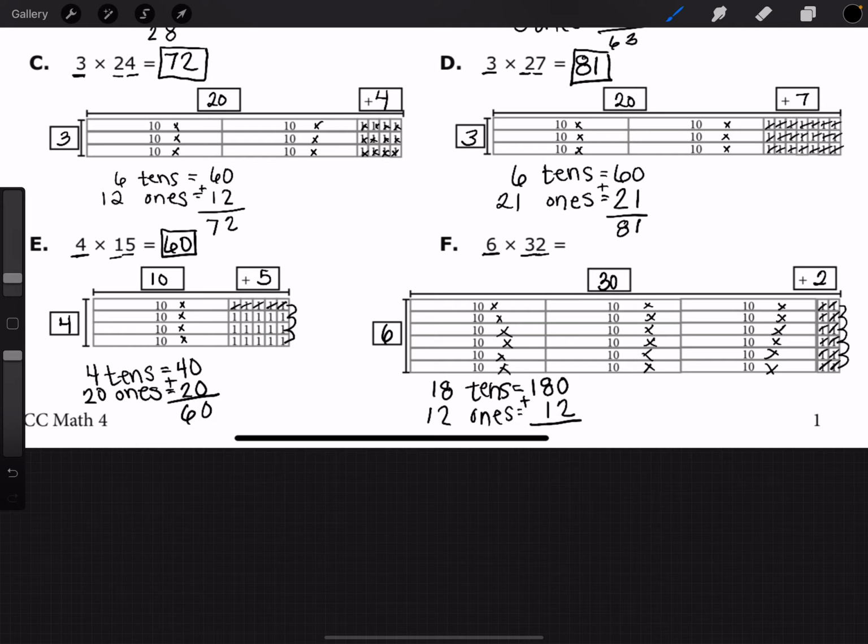So now we need to add that partial product together. The 0 plus 2 is 2. 8 plus 1 is 9, and the 1 plus 0 is 1. So the product of 6 times 32 is 192. Put a box around that.